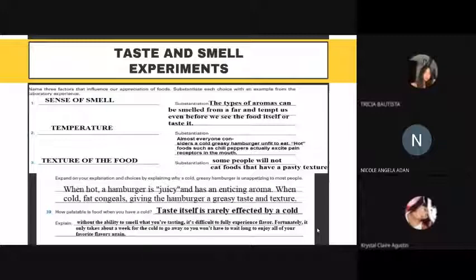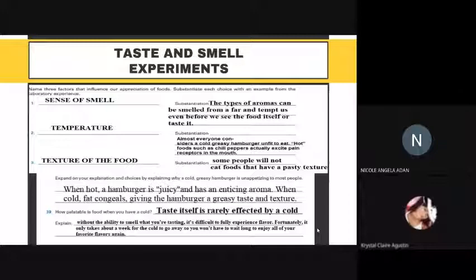The taste itself is rarely affected by a cold. Without the ability to smell what you're tasting, it's difficult to fully experience flavor. Fortunately, it only takes about a week for a cold to go away, so you won't have to wait long to enjoy all your favorite flavors again.